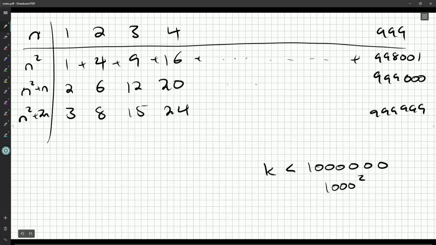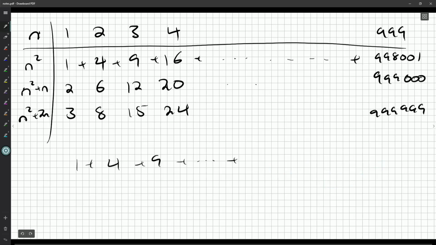So adding up squares, there's a formula to add up squares. 1 plus 2 squared plus 3 squared, and so on, all the way up to... Actually, I'm going to write these as squares.